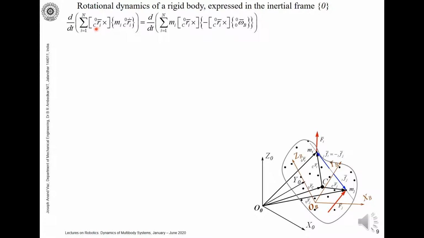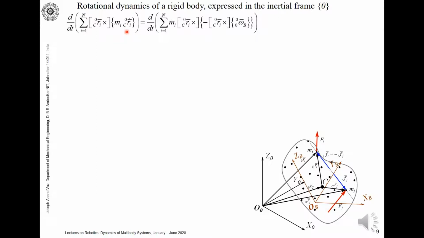So each of these vectors emanating from the center of mass are all fixed vectors, fixed magnitude vectors. And here you have the velocity of these fixed magnitude vectors, the rate of change of these fixed magnitude vectors. Now, since they are fixed in magnitude, the only thing possible is that they can change their orientation.